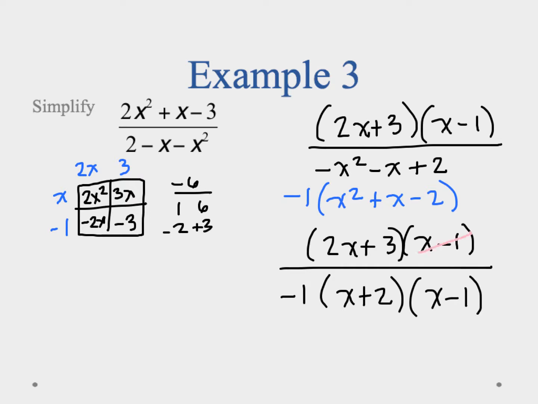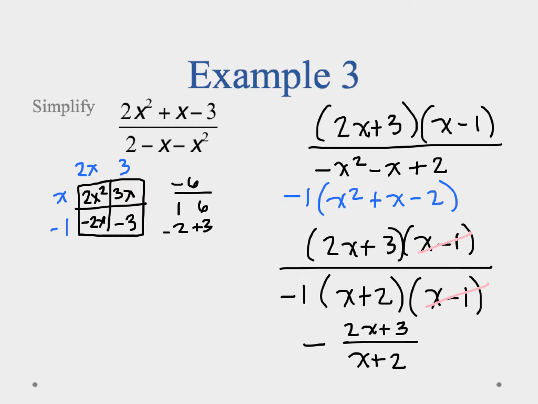I have an x minus 1 divided by an x minus 1. So I'm left with negative, and I'm just going to write it on the outside because it doesn't need to be at the bottom or the top, or it can be. But I'm going to write it on the outside. 2x plus 3 divided by x plus 2.